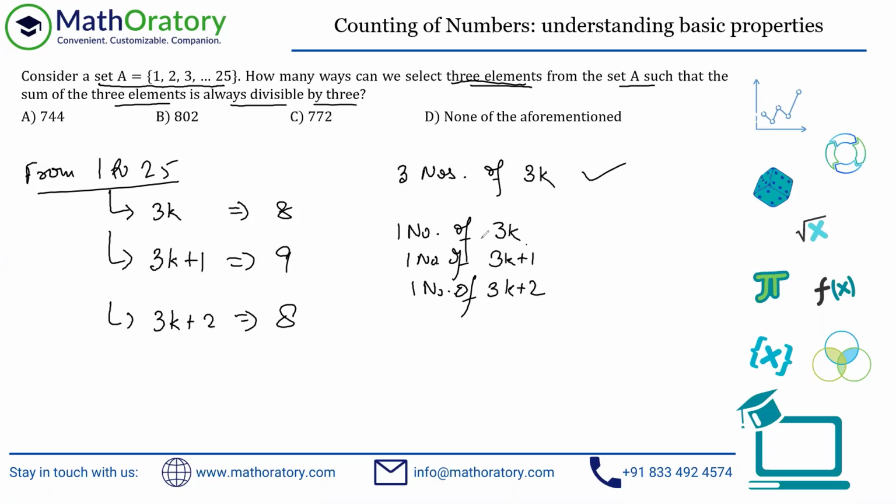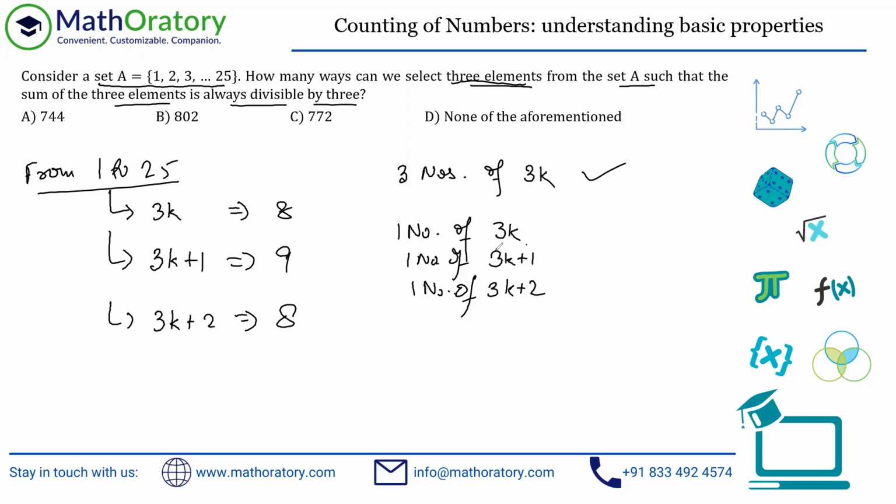When I have one number of 3K, the other 2 numbers I pick up are one number of 3K plus 1 type and one number of 3K plus 2 type. Just add these two. Are you not getting a multiple of 3? 3K plus 1 and 3K plus 2. So that is giving me a multiple of 3, right? Again, if you have to do it technically correct, you can also do something like this. It really doesn't matter. These two are anyhow multiples of 3 and 1 plus 2 is a multiple of 3, right? So obviously, these two things taken along with one number of type 3K will definitely work.